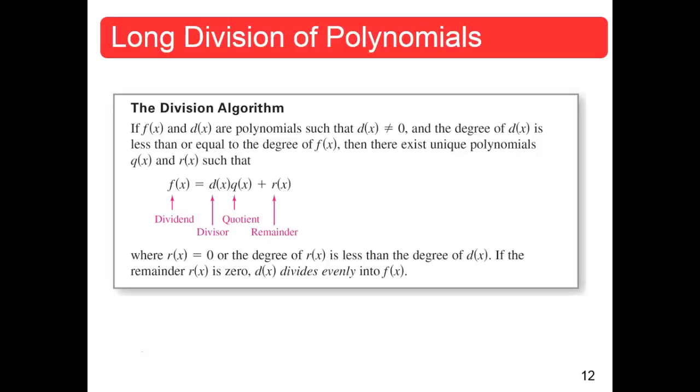Here, the remainder has to be a lower degree than the divisor. Or the degree of r of x is less than the degree of d of x. So it doesn't have to be a lower number because you got functions here, it has to be a lower degree. If the remainder r of x is 0, d of x divides evenly into f of x. Those two are factors of f of x. Make sense? All right.